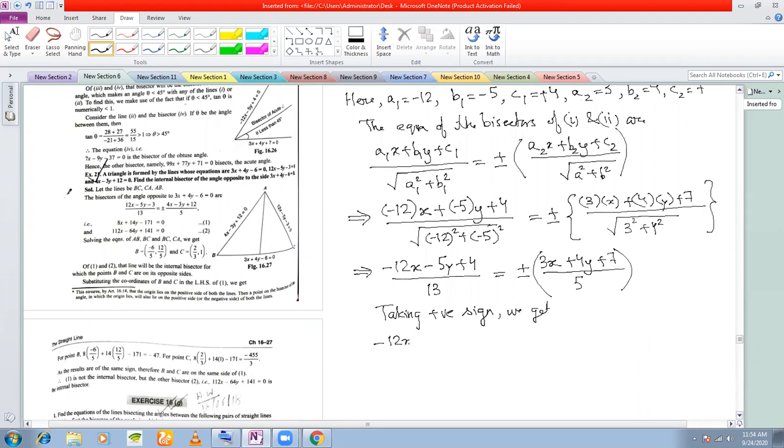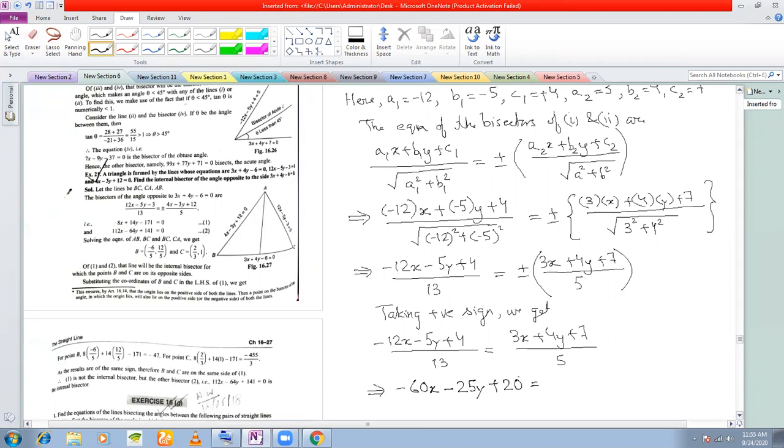minus 12x minus 5y plus 4 divided by 13 is equal to 3x plus 4y plus 7 divided by 5. Now cross multiply, you get 5 into minus 12x, minus 60x, minus 25y plus 20 is equal to 39x plus 52y plus 91.